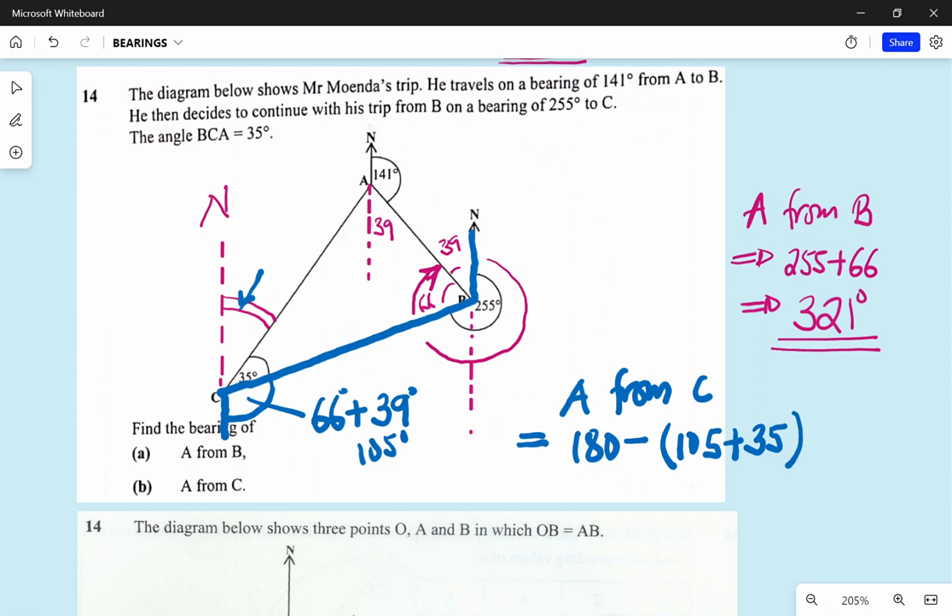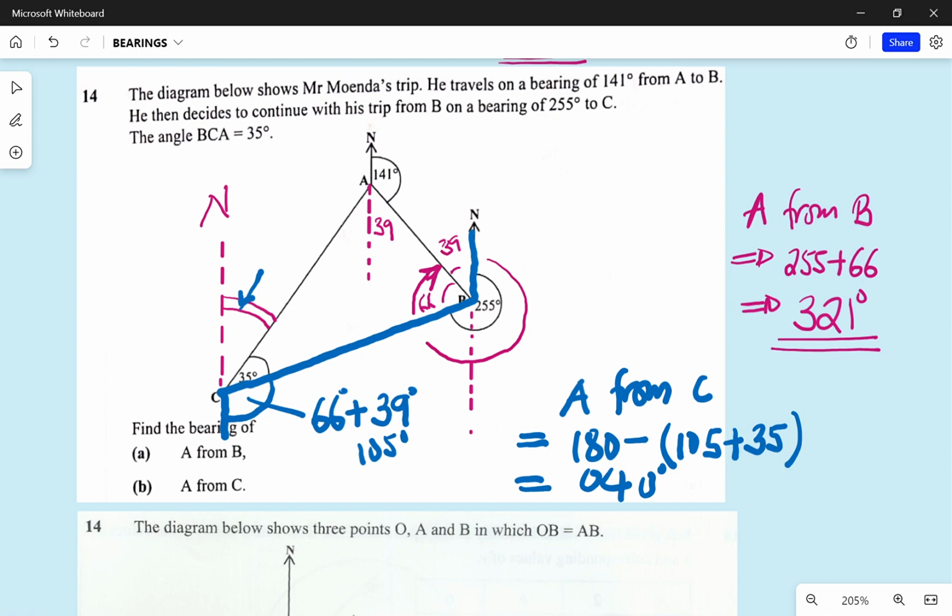Angles on a straight line. So 180 minus 105 minus 35 is going to give us 40. So this is going to give us 40 degrees.